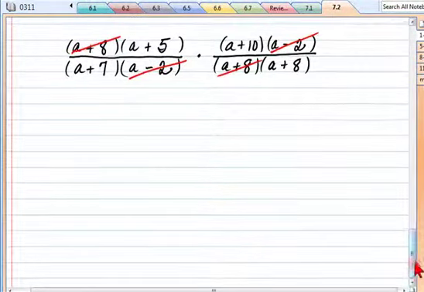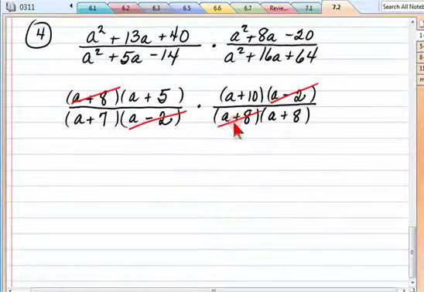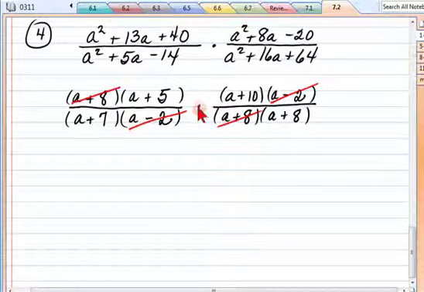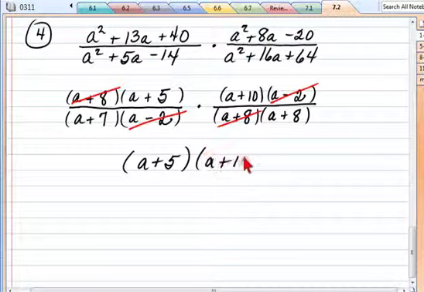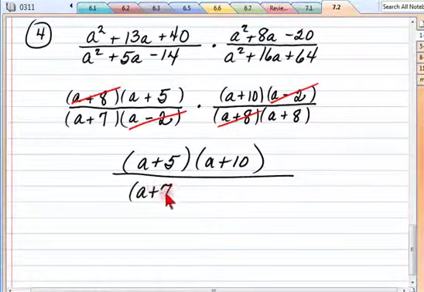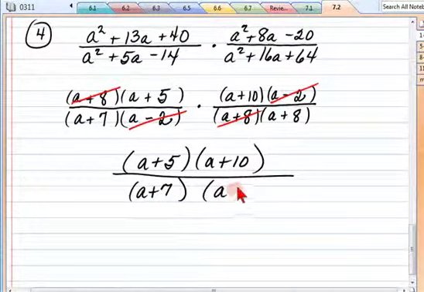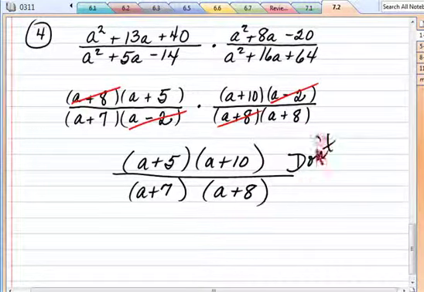Now, my math lab, for the most part, does what most math textbooks do. When you have a product multiplication problem, it leaves the answer in factored form. So it leaves the answer looking like this. And you do not have to use your FOIL to multiply it out. So don't FOIL.